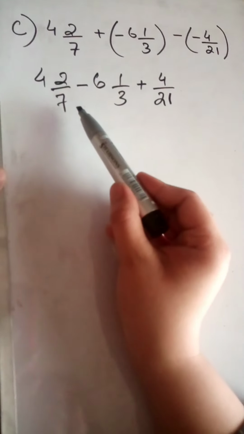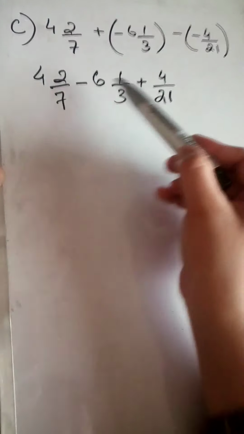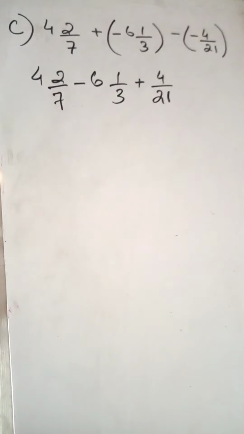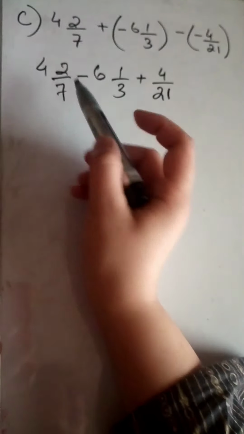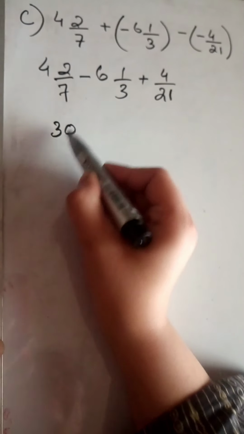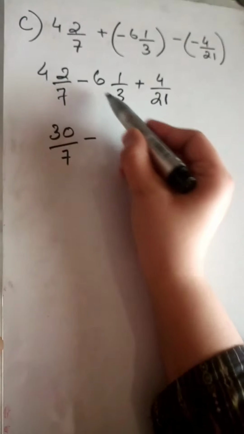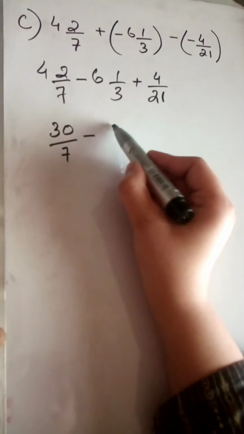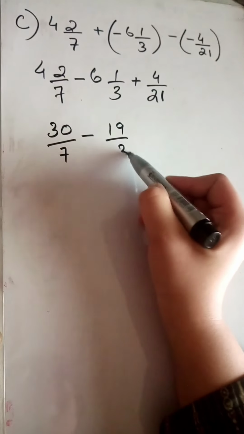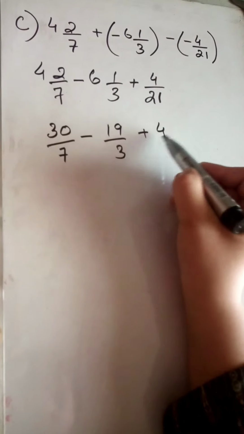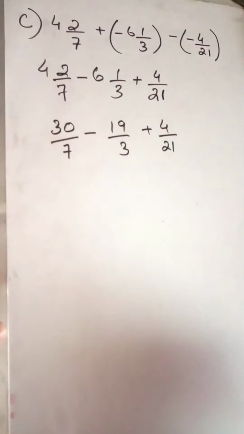Now in the next step, we will solve these mixed fractions. 4 7s are 28 plus 2 is 30, 30 by 7, minus 6 3s are 18 plus 1 is 19, plus 4 by 21.